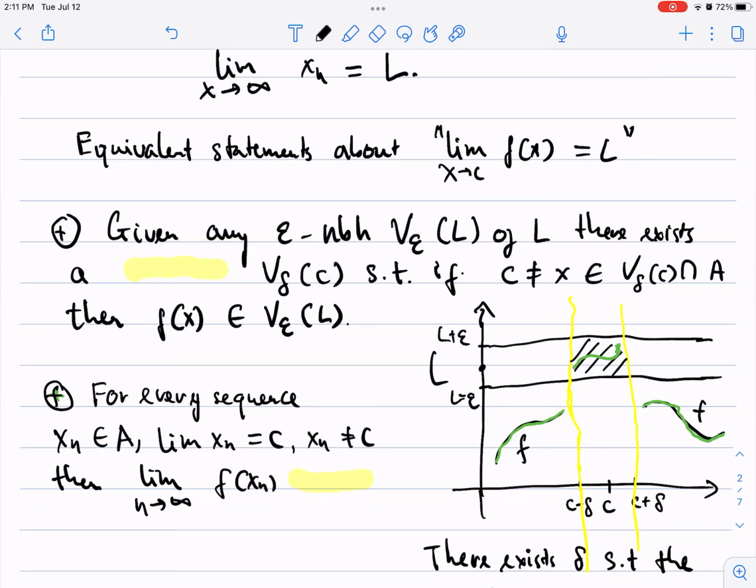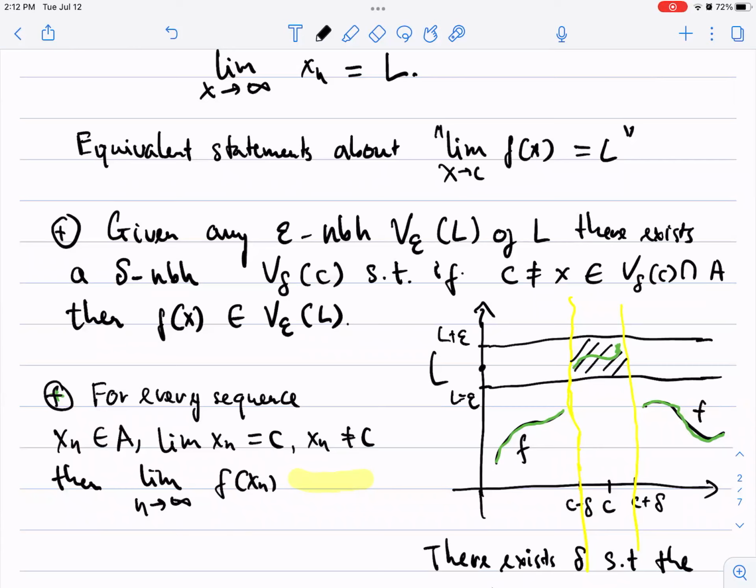Given any epsilon neighborhood V_epsilon of L, there exists a delta neighborhood V_delta of c such that if x different from c is inside the intersection of this delta neighborhood with the set A, then f(x) must be within the epsilon neighborhood of the point L. Think about this statement as having two levels, the level of the point and the level of the function.